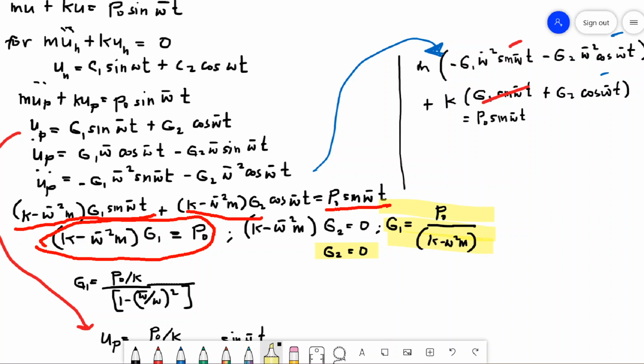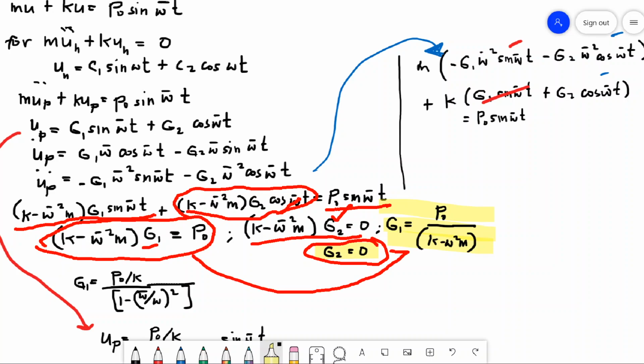While this other term, everything here will be 0. So, this is 1. That means G2 is equal to 0 because of this. So, we can now find G1. Transposing, G1 is equal to P naught over K minus omega bar square M.